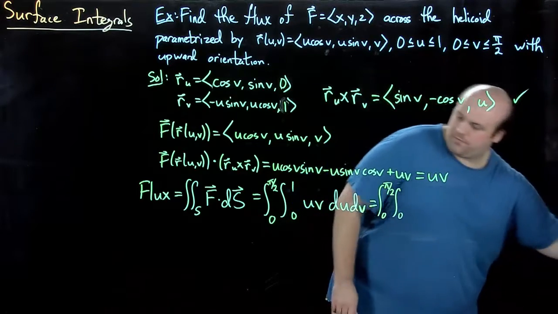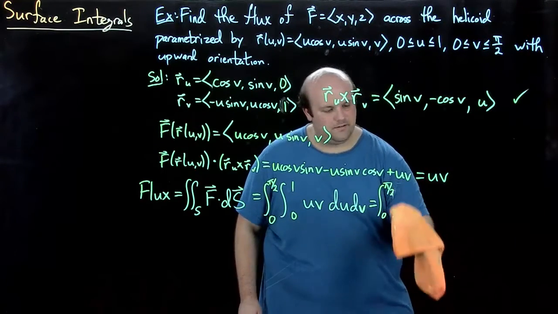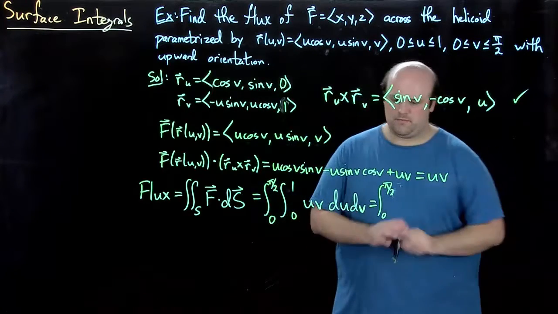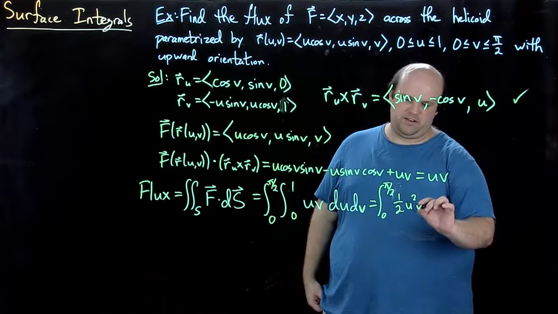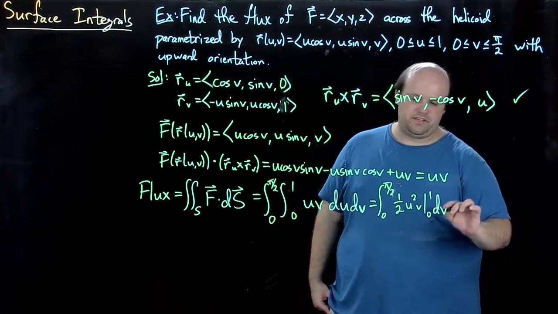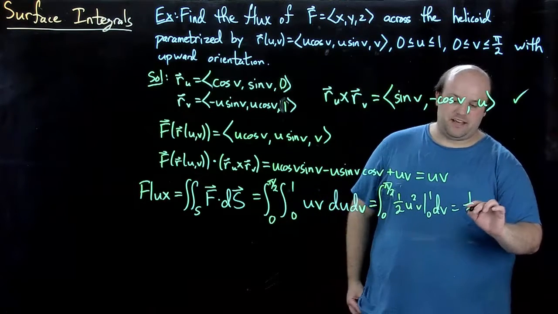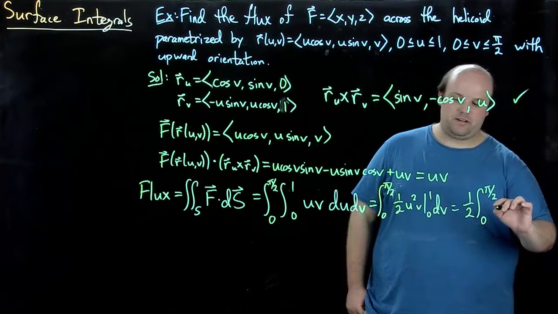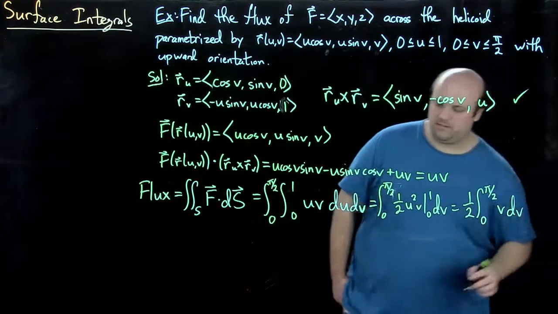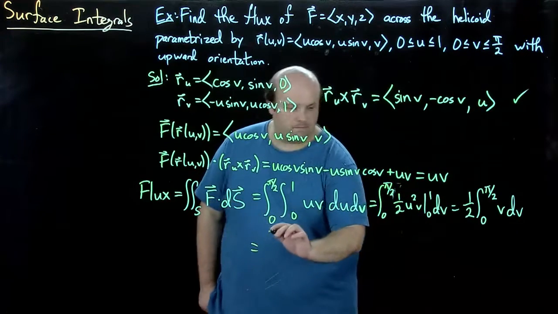When we do the first integral in u, we get 1/2 u squared v from 0 to 1, dv. That's where we get the first half from. Then we just have v dv left.